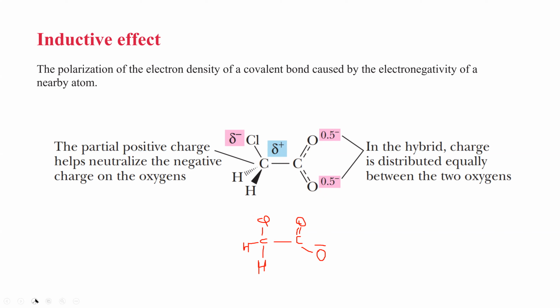I can use the arrows to show that this negative charge can move here, right? So now this is in another resonating form, where this oxygen has a double bond with the carbon, and now the other oxygen is in ionized form.